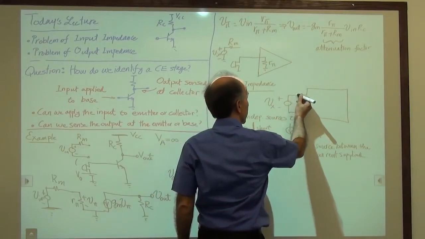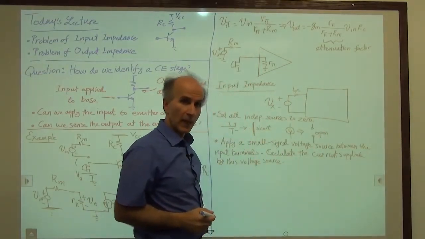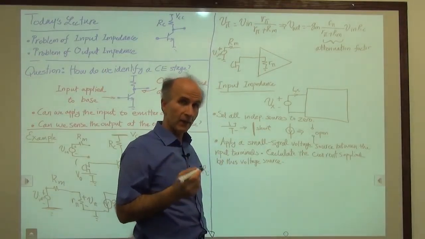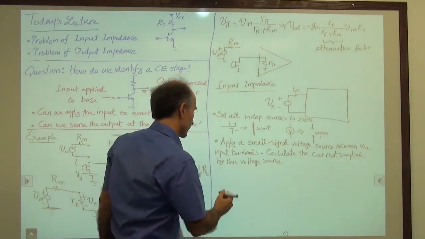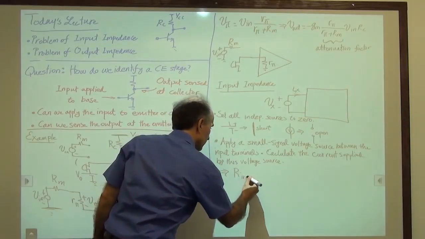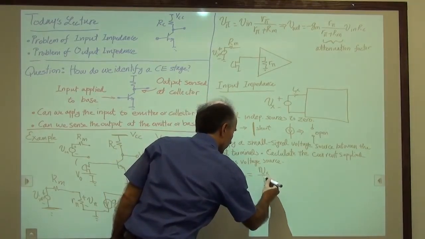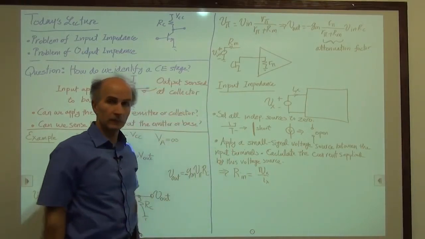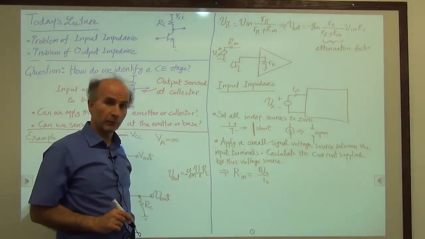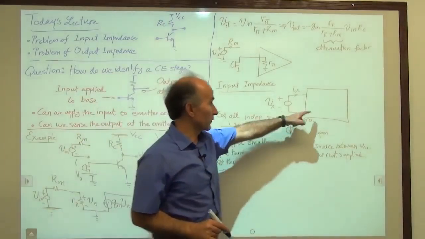So we call this current Ix. And the input impedance, input resistance, is defined as Vx over Ix. So we call Rin as Vx over Ix. So it's important to remember all these steps before we start writing equations for what's going on in the circuit.